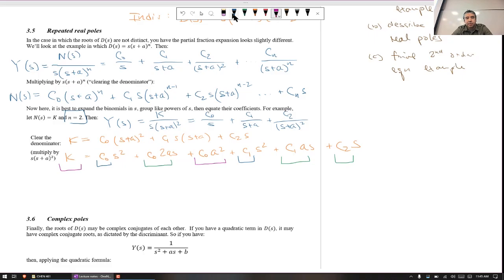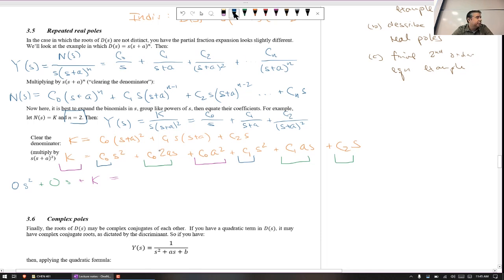Rewriting everything, I have on the left-hand side a 0 times s squared plus a 0 times s plus a k as a constant term.